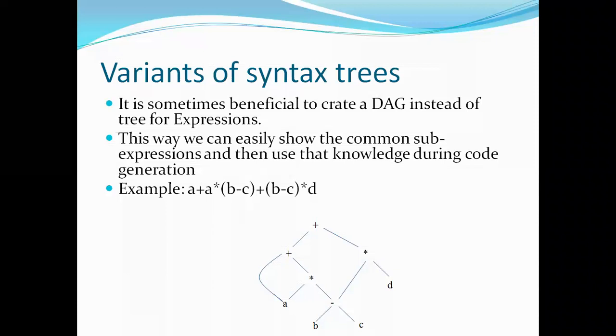Just like in a syntax tree, a DAG has nodes representing the sub-expressions in the expression, and these nodes have the operator and operand 1 and operand 2, where the operands are the children of that node. The difference between the DAG and the syntax tree is that common sub-expressions have more than one parent, while in a syntax tree the common sub-expression would be represented as a duplicated subtree.